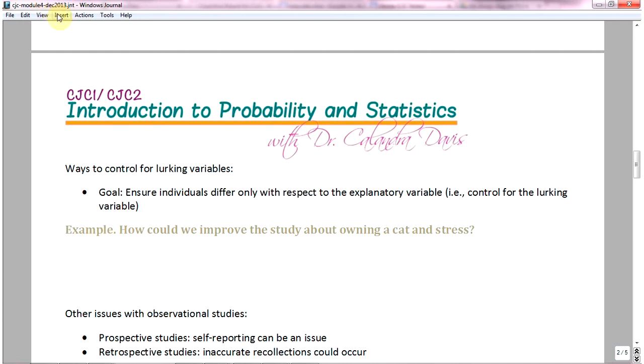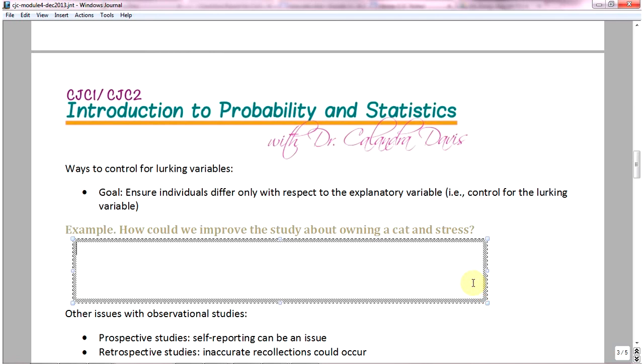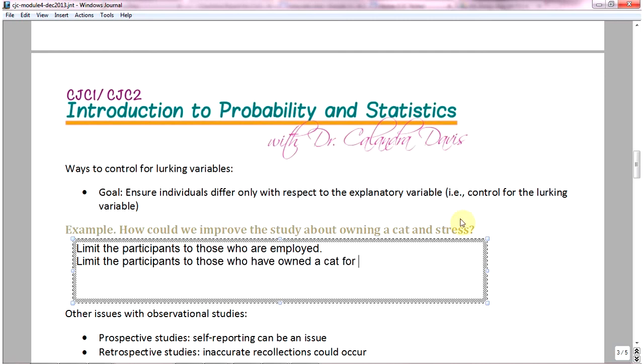And there are a number of things that we can do. We might limit the participants to those who are employed. We might want to limit participants to those who have owned a cat for 5 years or more.